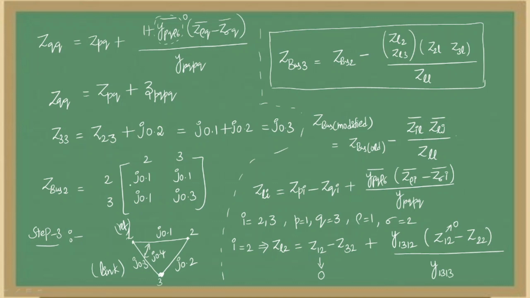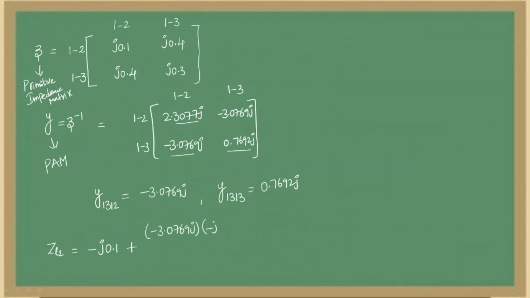What is Z22? Z22 is also J 0.1. So I can write this as minus J 0.1 total divided with y1313. So it is 0.7692J. Okay. Now what is ZL2? If you perform this mathematical operation with your calculator, you will get ZL2 value as 0.3I.